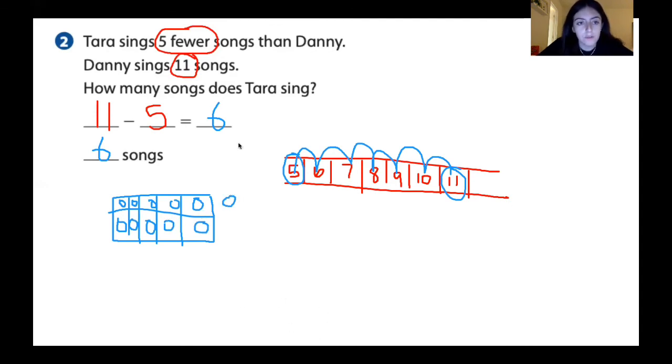And I know that Dada sings 5 fewer songs, so I'm going to take away 5 to figure out how many she's singing all together. And now I see that I have 1, 2, 3, 4, 5, 6. So we got our answer right. Now we used 2 methods to solve our problem.